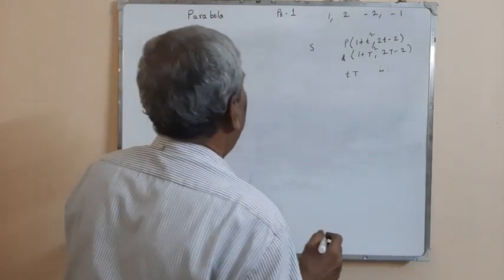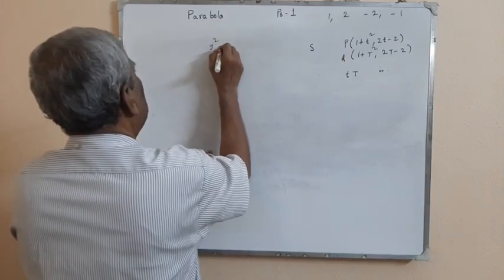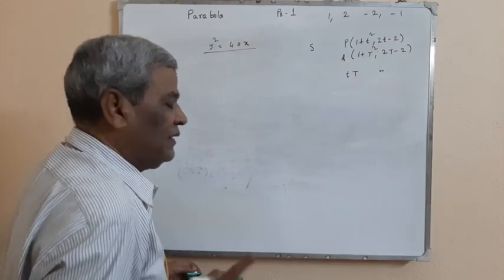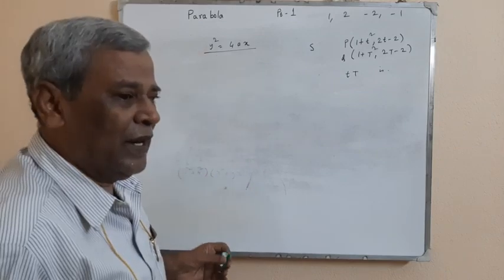For the parabola y² = 4x, I just mention one thing, that is the parametric form of the parabola.